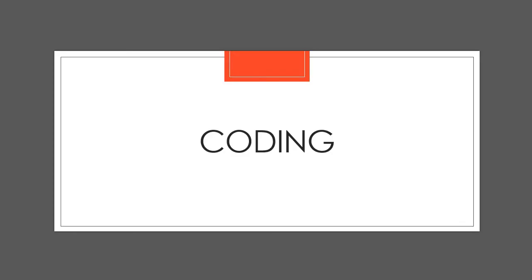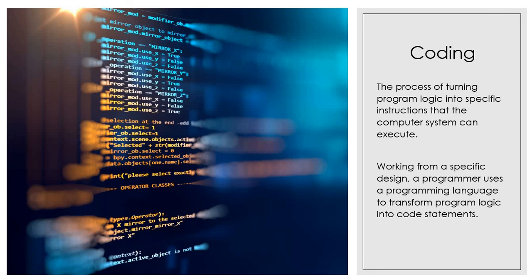And finally, we have the coding. Okay, I do not think I have to explain more about coding because you already know about the coding process, which is a process of turning the program logic into specific instructions that the computer can execute. So basically, you are turning your pseudocode into your code modules. You are turning your decision trees and decision tables into the program codes, okay?